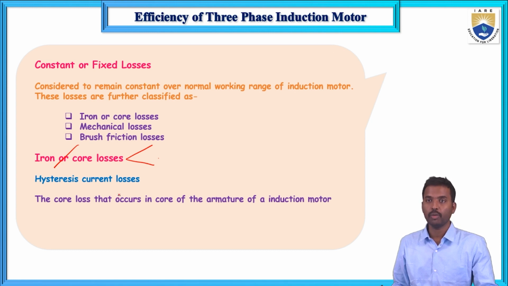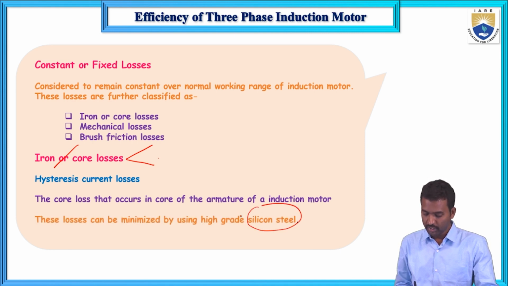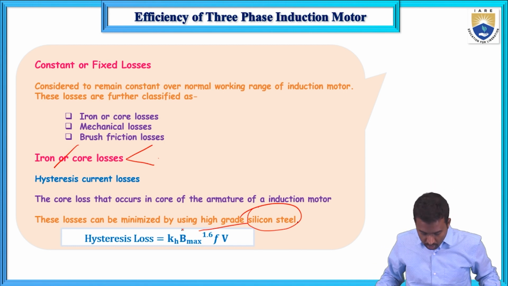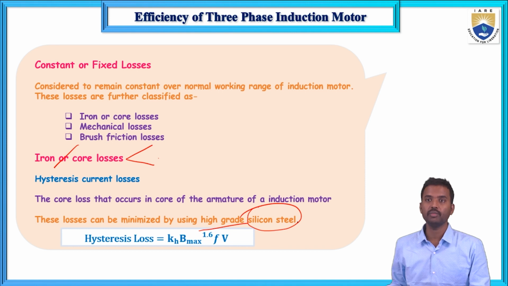These losses are minimized by the choice of material. The core material is silicon steel, which is a high grade material. The hysteresis loss formula is K_H B_max to the power 1.6 F into V.